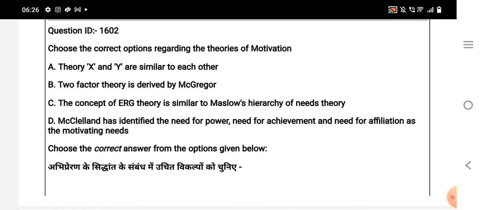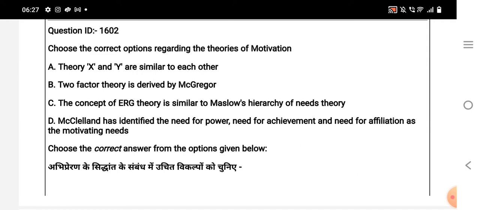The concept of ERG theory is similar to Maslow's hierarchy of needs theory. Yes, this is true because ERG theory is similar to Maslow's hierarchy of need theory, के बाद ही ERG theory develop की गई थी. Both the theories are similar to each other.